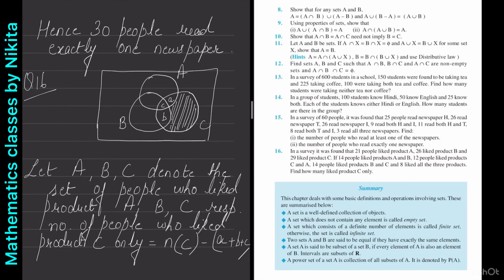Now first of all, we have to find n of C minus (A plus B plus C).